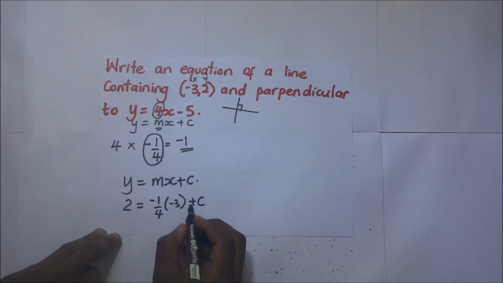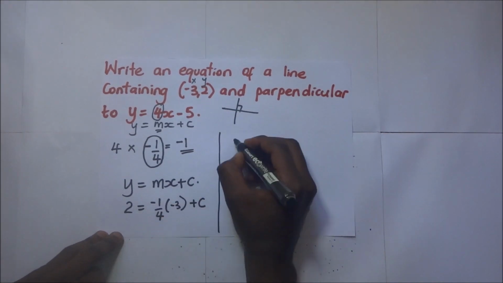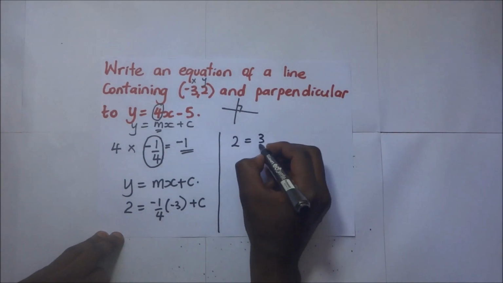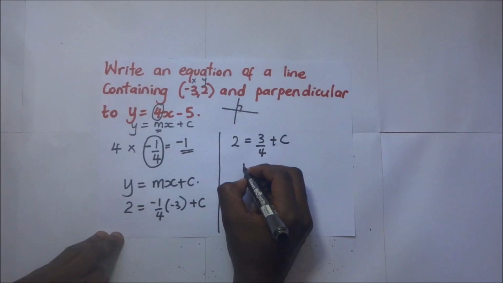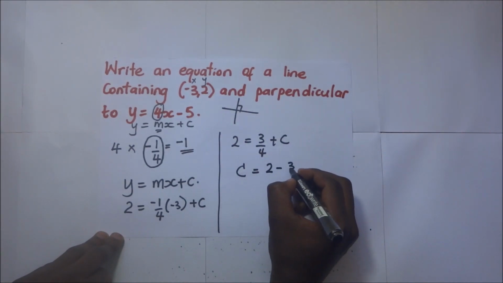So we go ahead and find the value of c. This becomes 2 equals -1 times -3, which is +3/4, plus c. Our value of c in that case is going to become 2 minus 3/4.